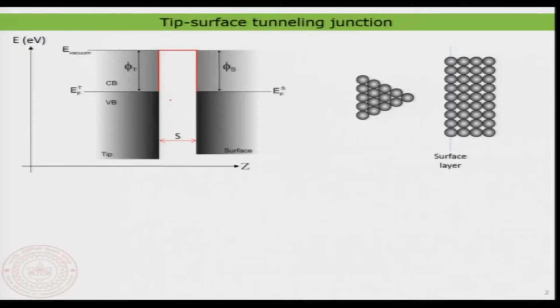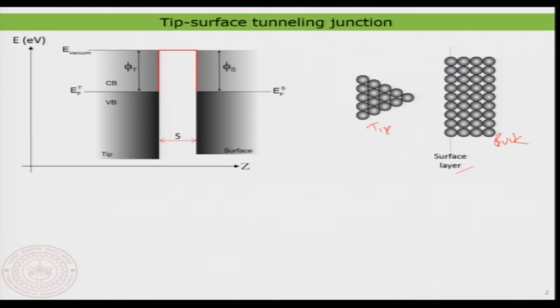Well, you have already seen the tip-sample tunneling junction. So, we have our surface layer, the bulk of the material, and we have our tip here. Now, we discussed in the previous class that when you bring the tip and the sample closer, they form the so-called tunneling barrier.